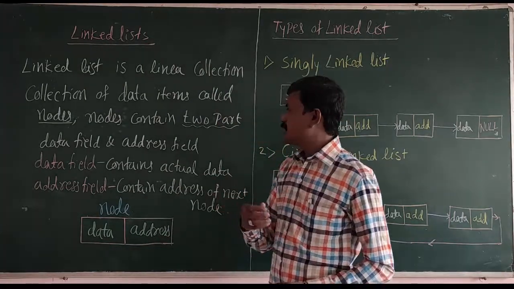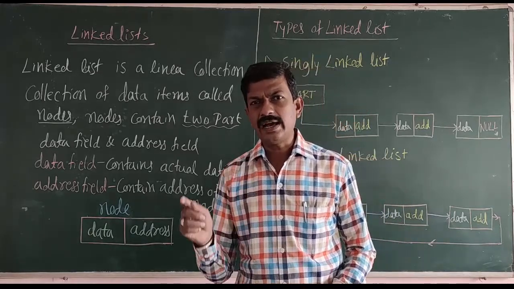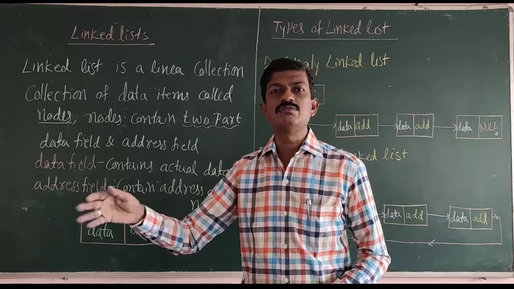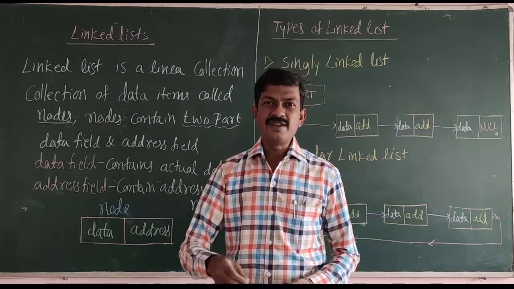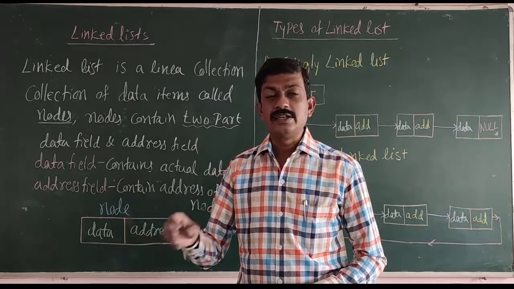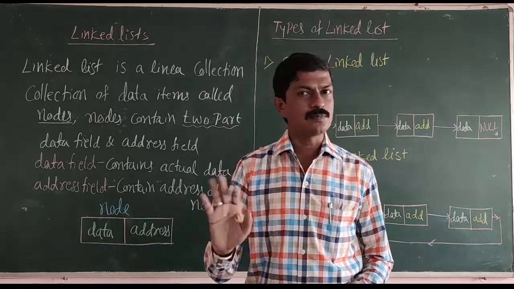If you take an array example, in an array all the elements are stored in consecutive memory locations, one after the other. If you want to store them randomly in computer memory with an array, it is not possible.